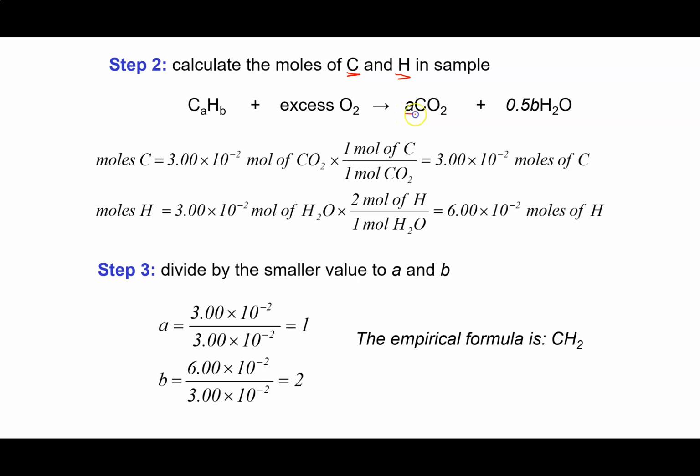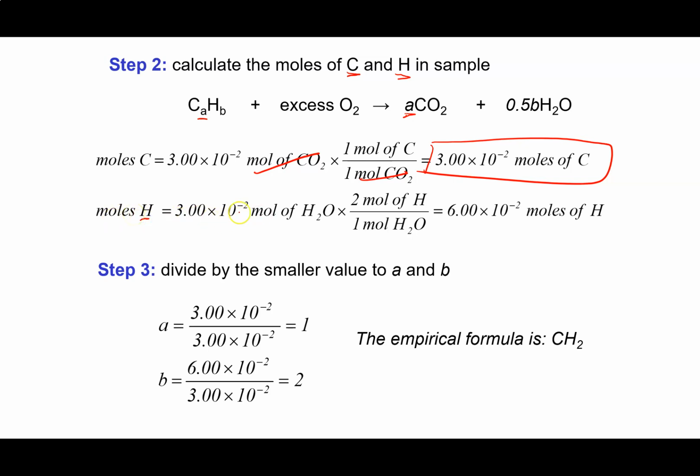It's pretty simple, right? Because I get 1 mole of CO2 for every 1 mole of carbon in my compound. So you don't really have to do anything for that one, right? The moles of CO2 is exactly equal to the moles of carbon in the sample. But I do have to remember that for the water, the moles of hydrogen will be twice that value.